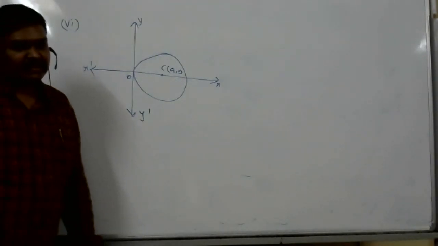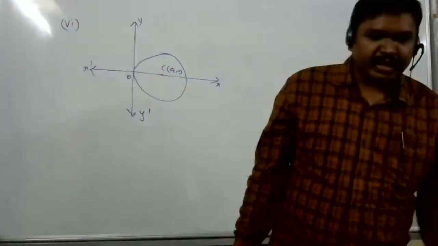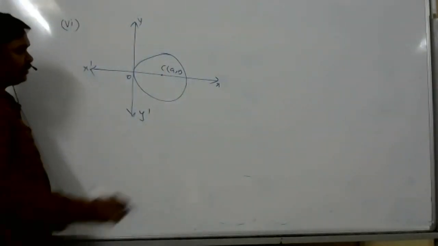In this case, center (h, k): h is equal to a and k is equal to 0.